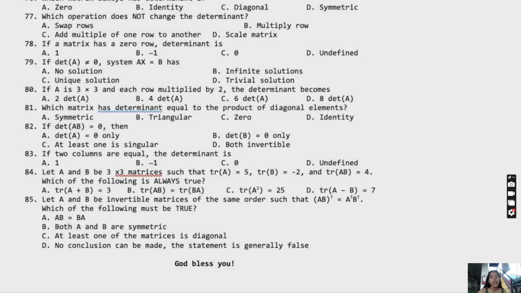Through this exam, we can see that linear algebra is not only about computation, but also about understanding the relationship between matrices and how they help us solve systems efficiently and logically.